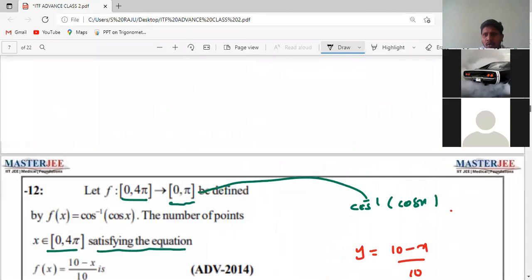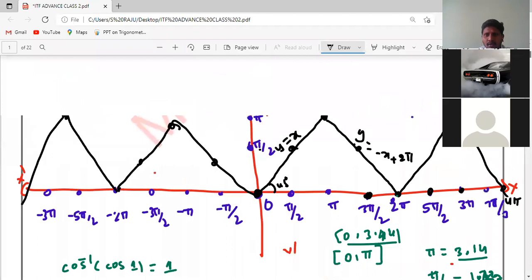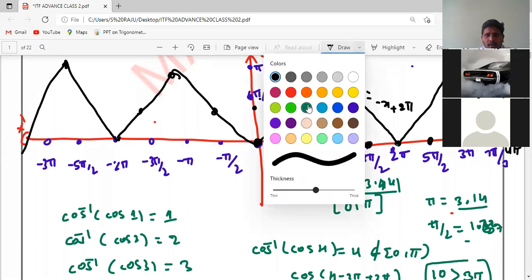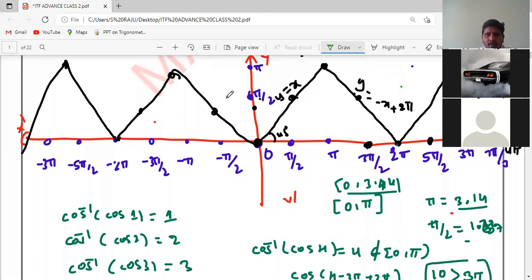Now I'm going to identify those points in this graph. When x is equal to 0, what is the y value we got? Yes, 1. Okay, x is equal to 0, y value is 1. Is this 0 comma 1 more than pi by 2 or lesser than pi by 2? It is lesser than pi by 2, so that I'm taking here.